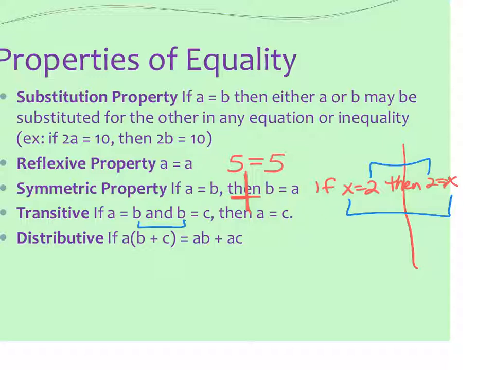You probably have used that quite often, and that's where you would just distribute what's outside of the parentheses to what's inside. So for example, for the distributive property, I might have 2 and then in parentheses an x plus 3, and you would just multiply the 2 to the x and the 2 to the 3 and getting 2x plus 6. Yes?